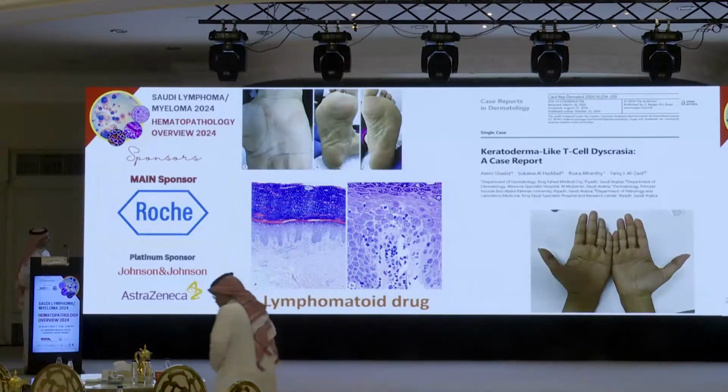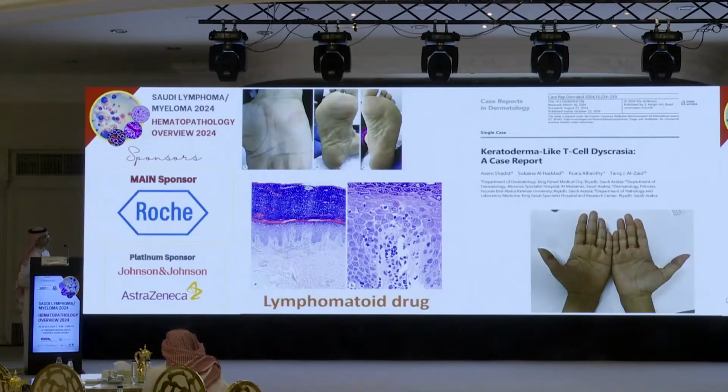As you can see here, there's a superficial dermal lymphoid infiltrate. The lymphocytes are a bit large, a bit hyperchromatic, with irregular nuclear contours, and they infiltrate the epidermis. But at that time, we felt that this is not enough for mycosis fungoides. It just falls short. It doesn't show enough features to call mycosis fungoides with confidence. So we said this is likely an unevolving T-cell dyscrasia.